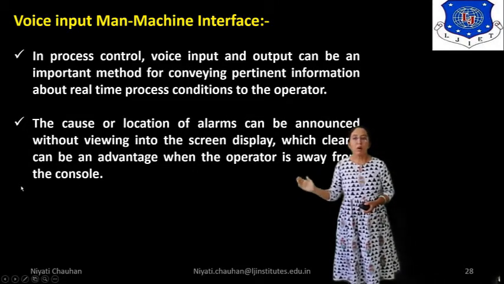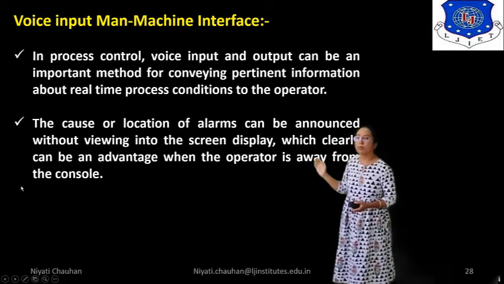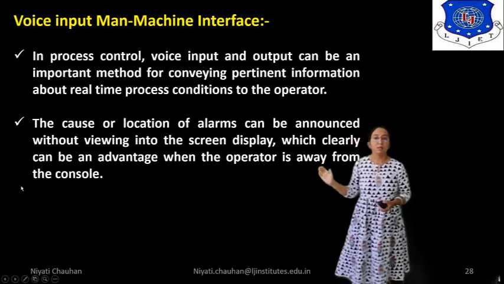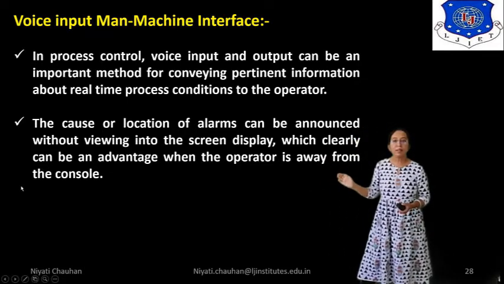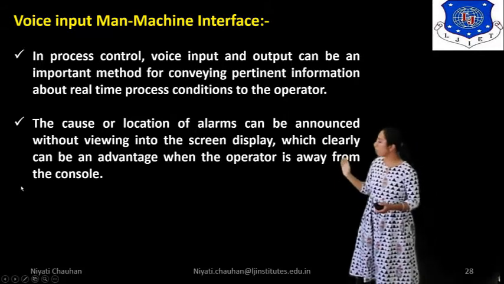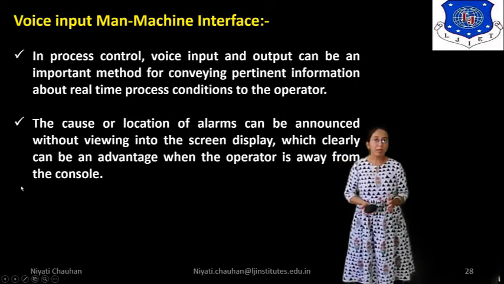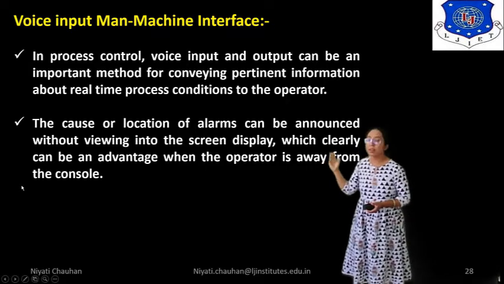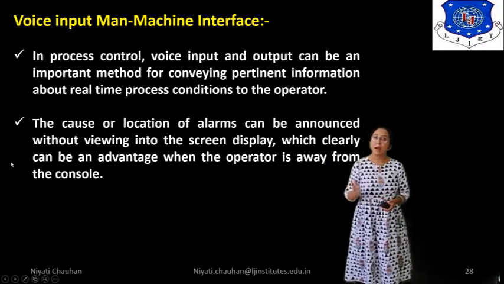The cause or location of alarms can be announced without viewing the screen display, which clearly can be an advantage when the operator is away from the console. If the operator is not available when an alarm condition occurs, at that time it can be announced.